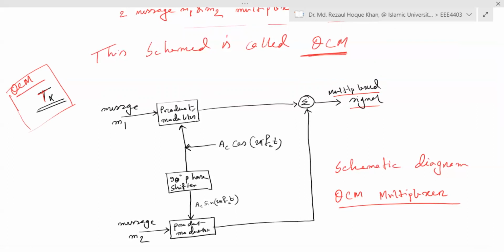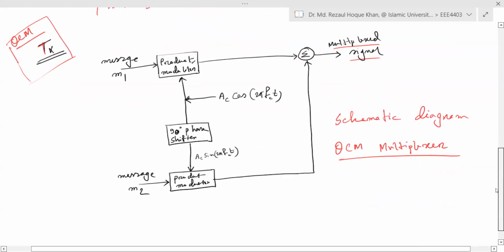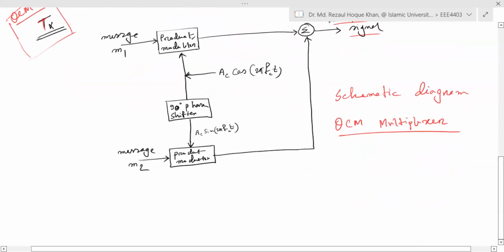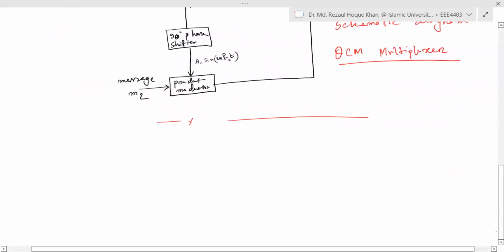Now let's demodulate this signal. Let us demultiplex this QCM.